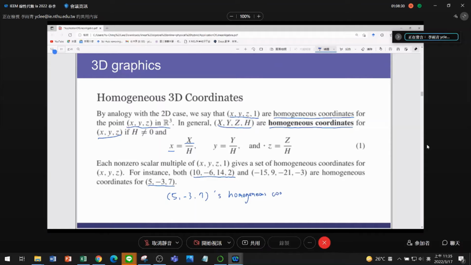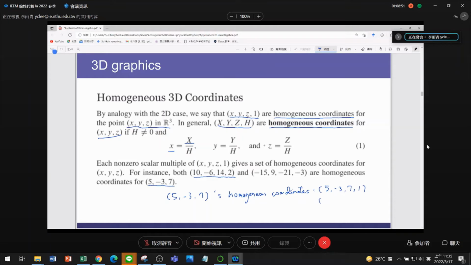The most straightforward homogeneous coordinate is 5, -3, 7, and 1, right?